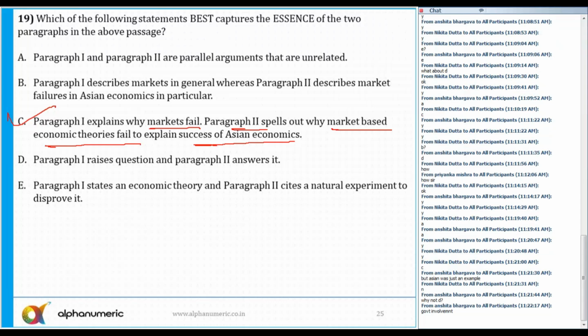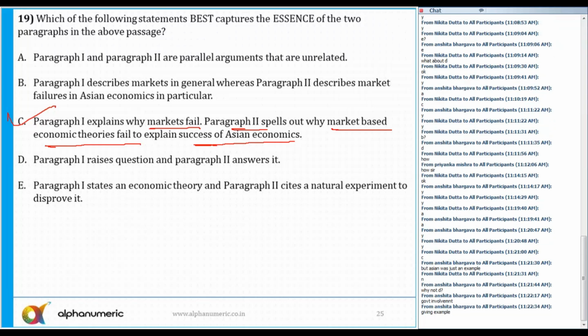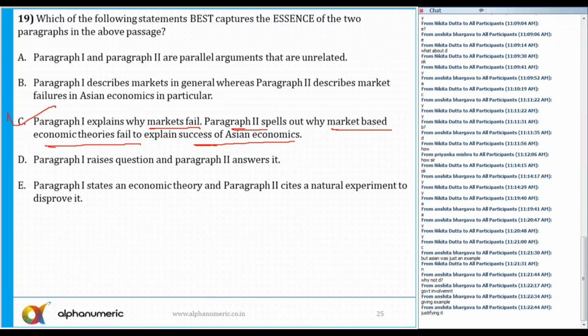How does it answer? Tell me. It is giving an example. Okay. It is justifying it. I mean, not really. Not really.